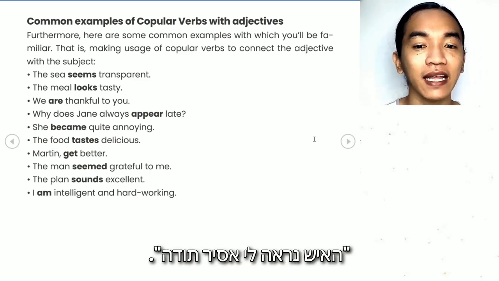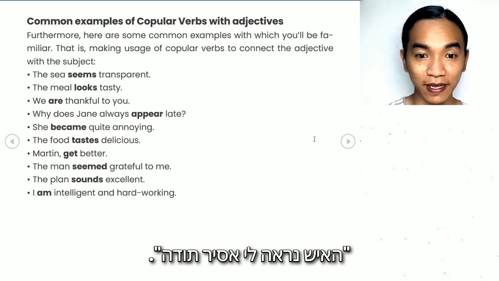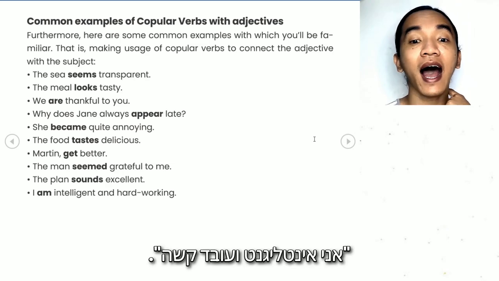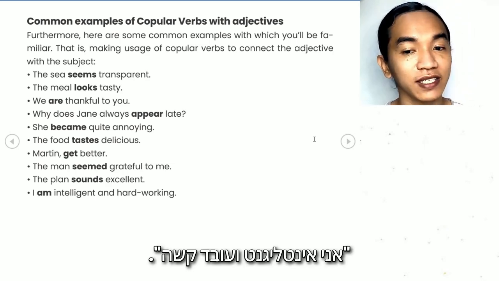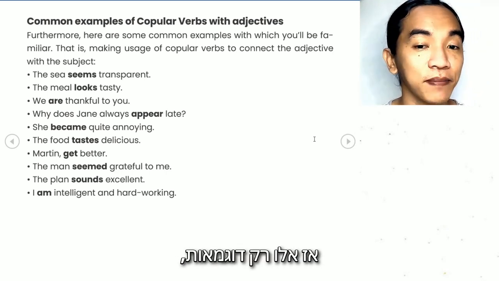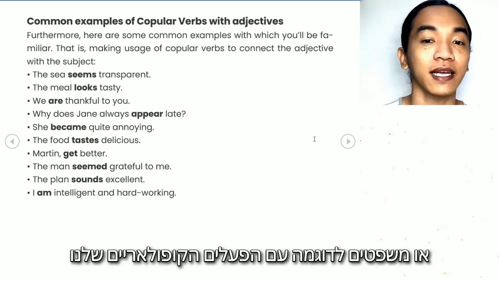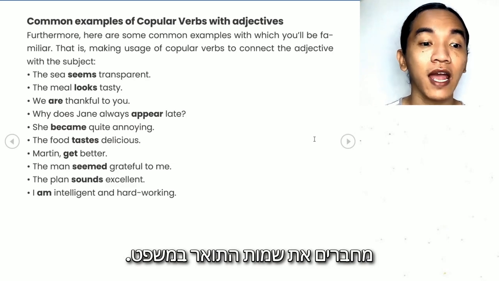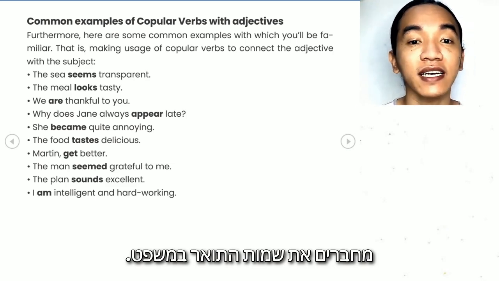The man seemed grateful to me. The plan sounds excellent. I am intelligent and hardworking. These are just examples, okay, example sentences with our copular verbs connecting the adjectives in the sentence.